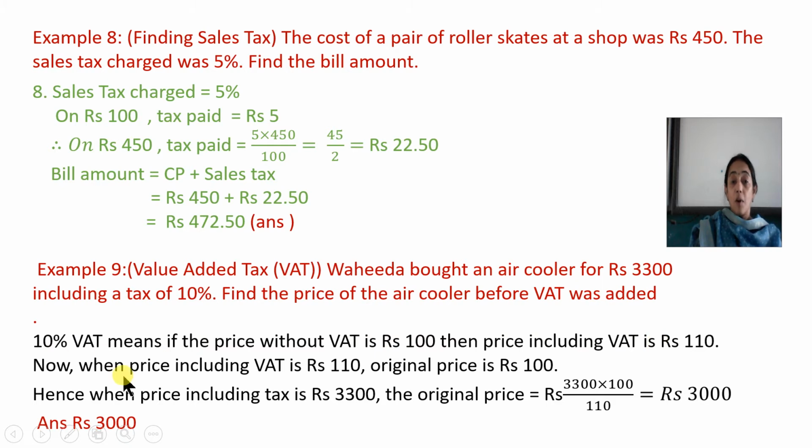Now when the price including VAT is rupees 3,300, what is the original price? So we write here 3,300 into 100 upon 110.